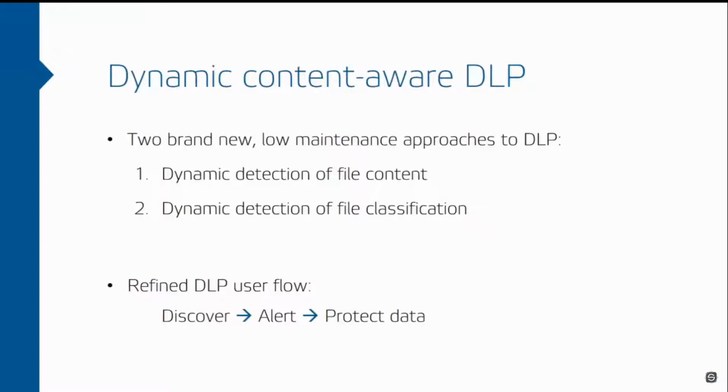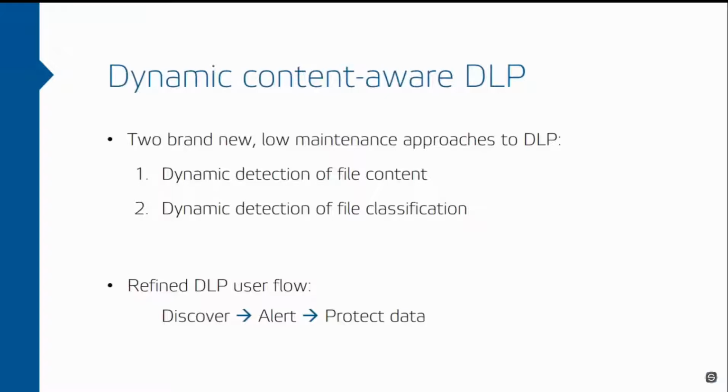So as you can see on the screen, there are actually two new approaches which you can use to protect your files with Safetica. The first one, which is not on the screen, is the old contextual approach. It's still suitable for many use cases, but we've heard that a lot of people don't want to overcomplicate DLPs and they want to use simple content rules to find important or sensitive data, or to comply with regulatory compliance.